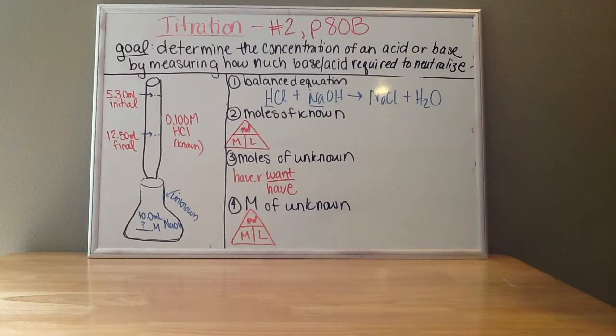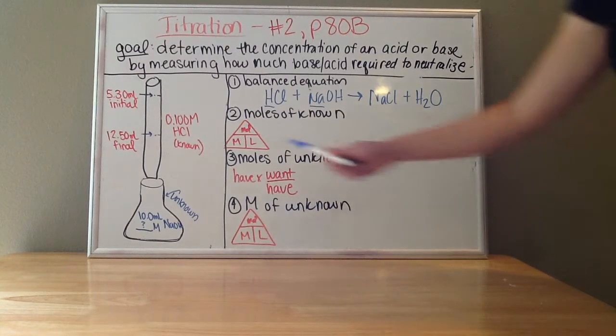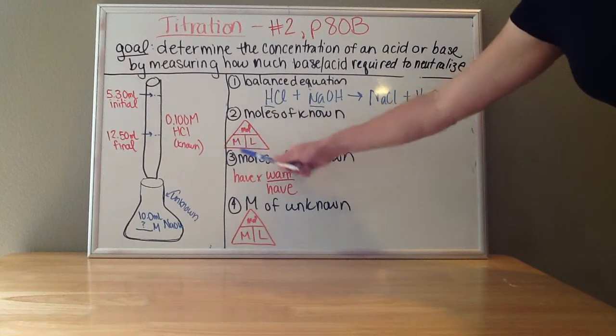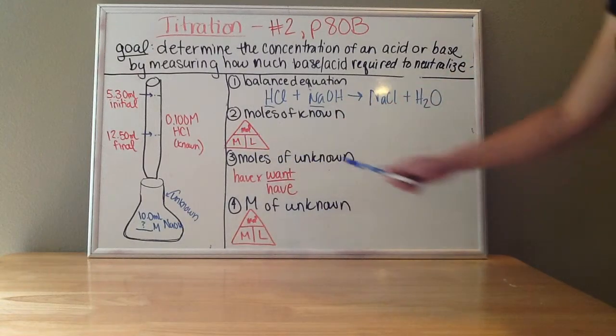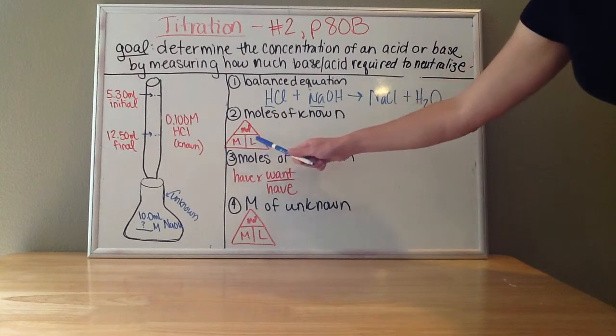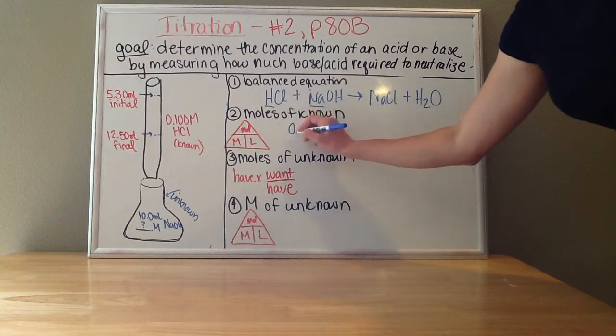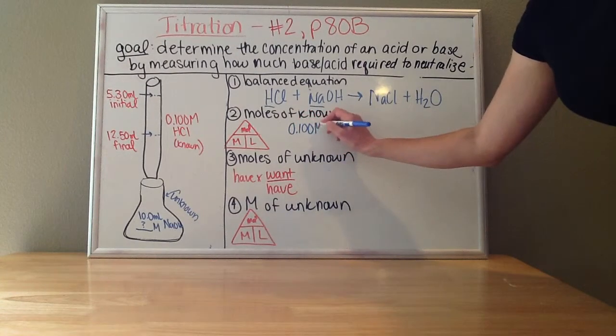Alright, the next step is to find moles of the known. So again, our known in this case is the acid. I know the concentration of acid, and I know how much volume I added. So to find moles, using my molarity triangle, I'm going to take molarity times volume. So my molarity of the acid is 0.100 molar.